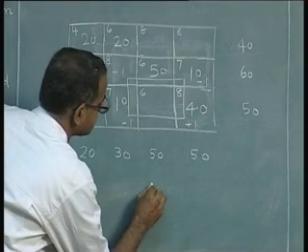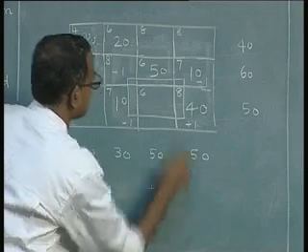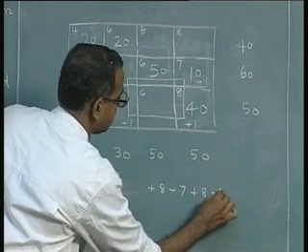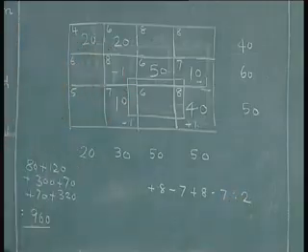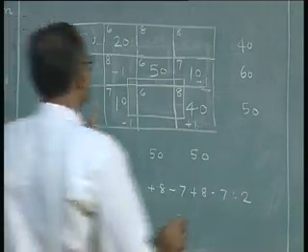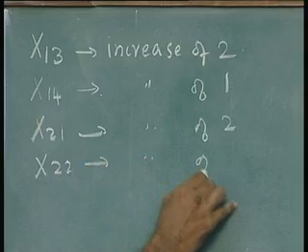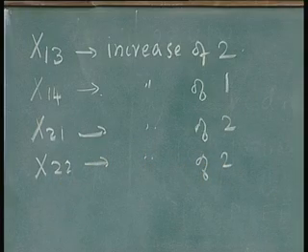So the net effect is plus 8, minus 7 from here, plus 8 from here, minus 7 here. So there is a net increase of 2. So if we make the position x22 basic, there is an increase of 2.